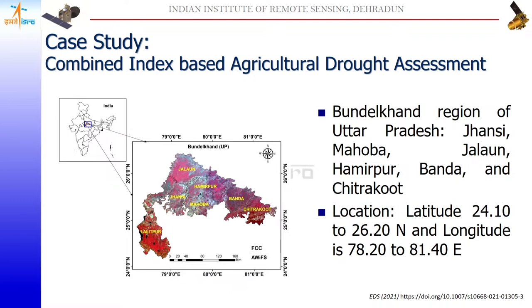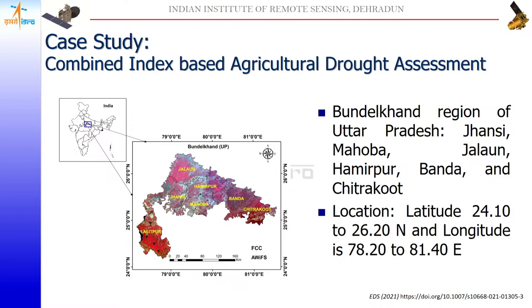Crop growth is mainly dependent on moisture availability, the local weather condition, as well as the rainfall, broadly speaking. So if we integrate different kinds of products and generate an integrated drought index or combined drought index, it may give you a more significant idea about the drought assessment.